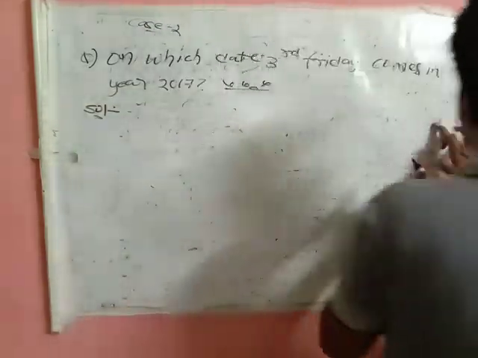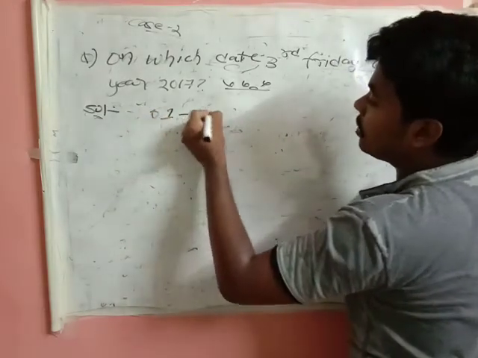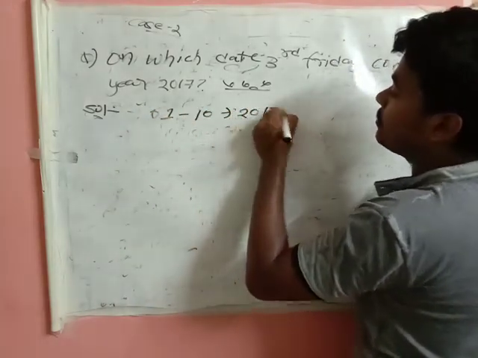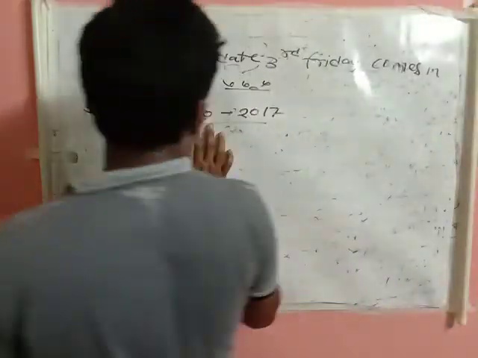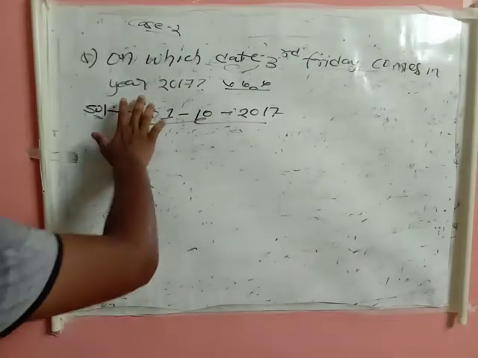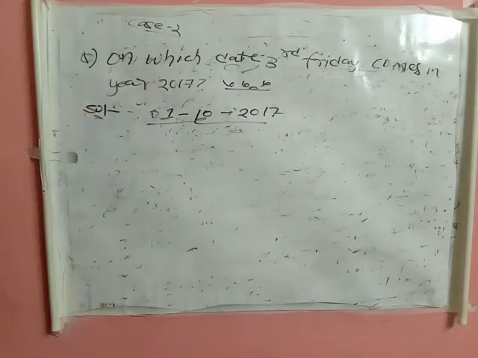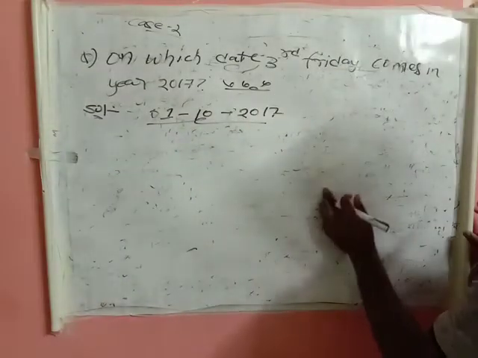So initially I will be taking the first day of October as my reference date. So 1st October 2017, right or not? Oh sorry, I think I made a mistake.